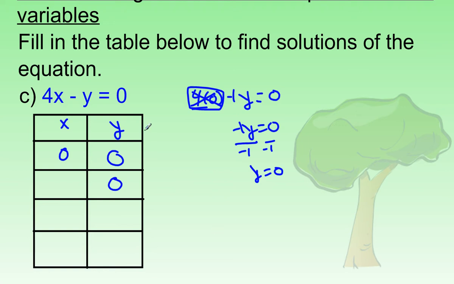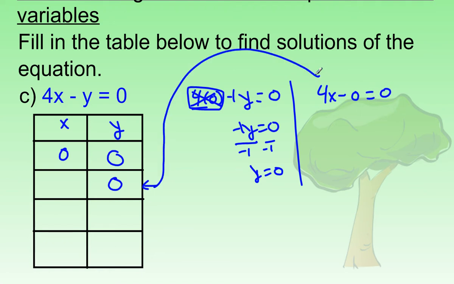Okay. What about our second point here? So if the y value is 0, so 4x minus 0 equals 0. So that's this one. This piece, minus 0, it's not taking anything away, it's just nothing.